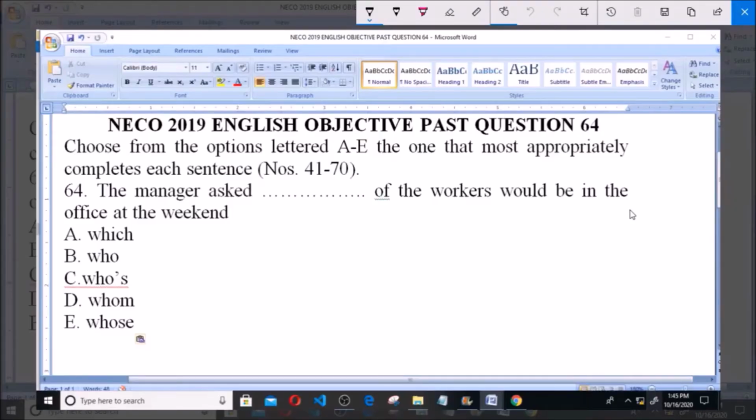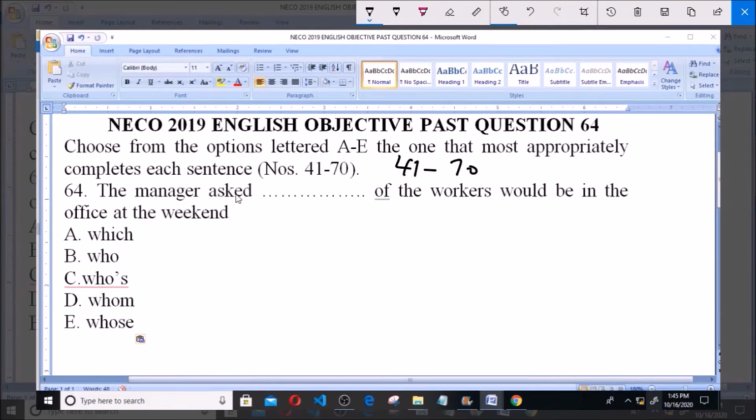Welcome, this is NECO year 2019 English objective past question number 64, and to this question the instruction says choose from the options lettered A to E the one that most appropriately completes each sentence, and this instruction is to answer question 41 to 70 of this examination paper.